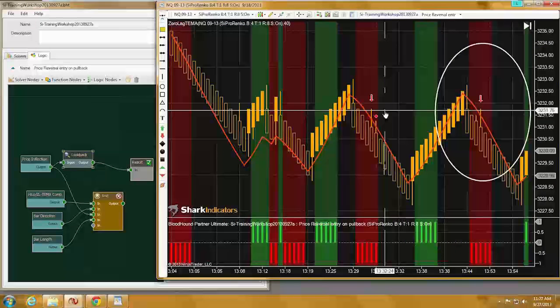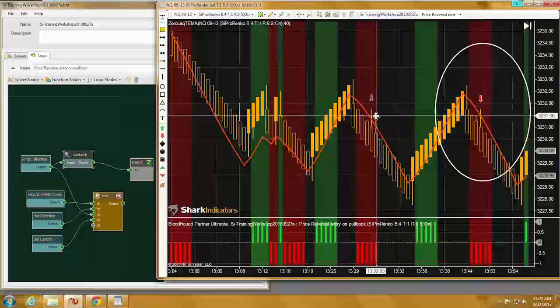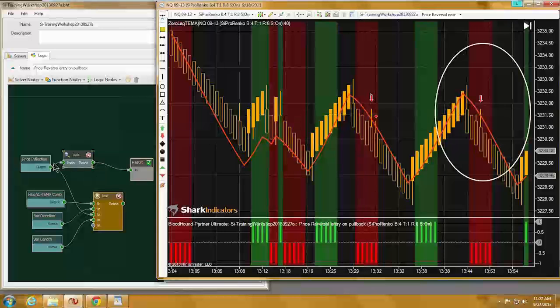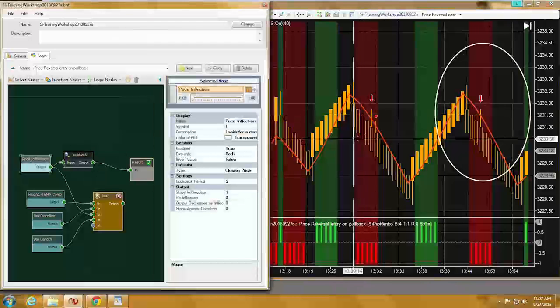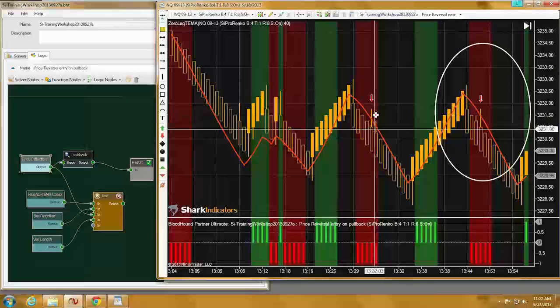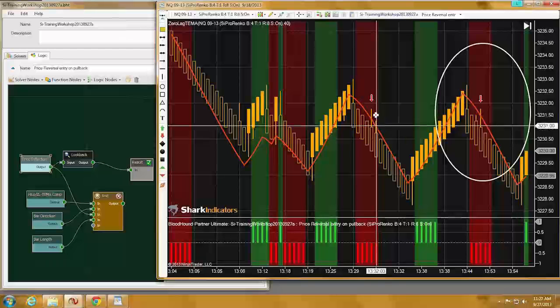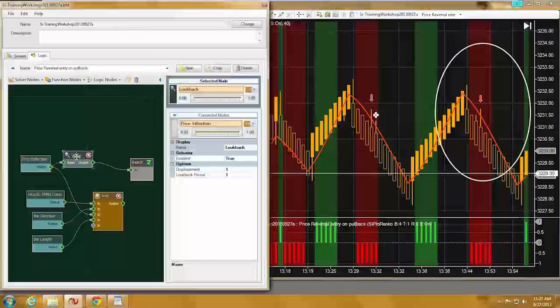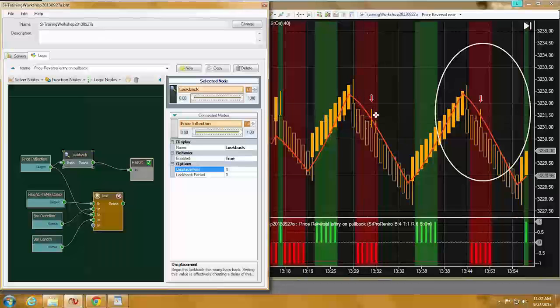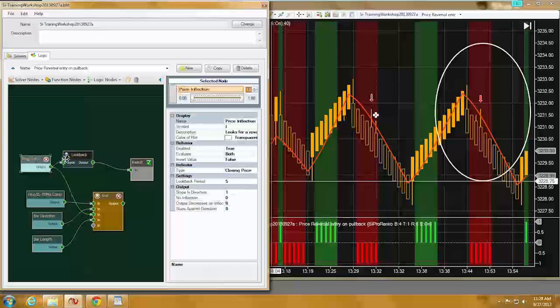I remember back here, originally I set the inflection solver so that we would not get a signal on this second bar with this wick. But the Lookback, because I displaced it by 1, pushed this whole set of signals forward by 1.